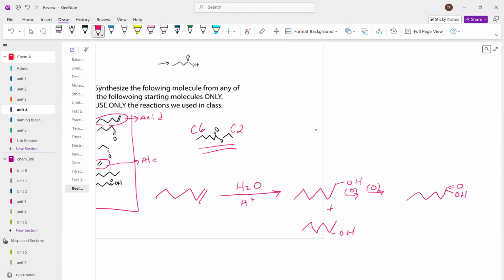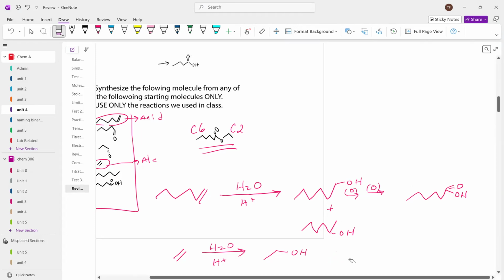We're going to do the same thing with that. We're going to add water. Then we're going to oxidize it. No, excuse me, we're already there. So now we have an acid.